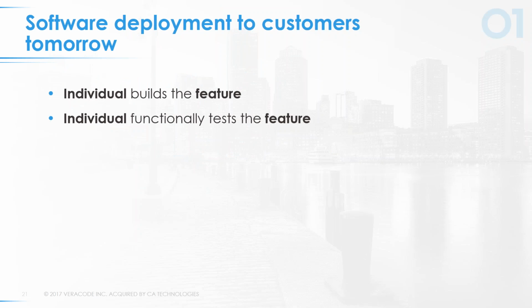They create functional tests. Whether that's test-driven development, where they write the test first and then the code, or they write unit tests and functional tests after the fact, they feel responsible and accountable to make sure that it works prior to check-in, because the idea is I check it in, it goes to production, which means everything I check in is a release candidate. I have to think of it like that.